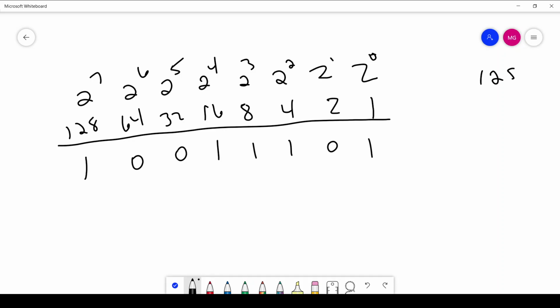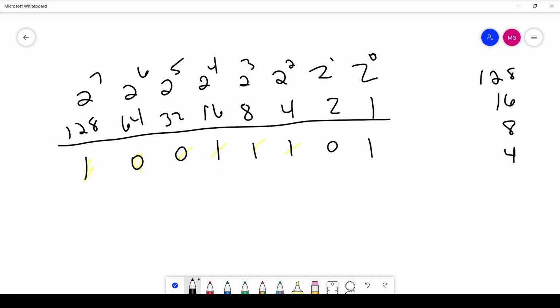So we have 128. We have no 64s. We have no 32s. We have a 1 in the 16s position. So let's add that over here. We have 1 in the 8 spot. We have 1 in the 4 spot. We have nothing in the 2 spot. We have a 0.